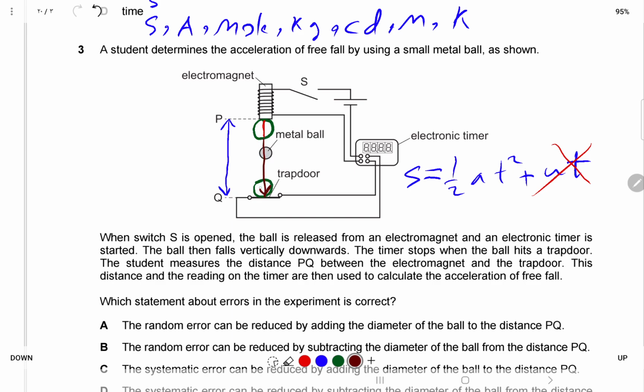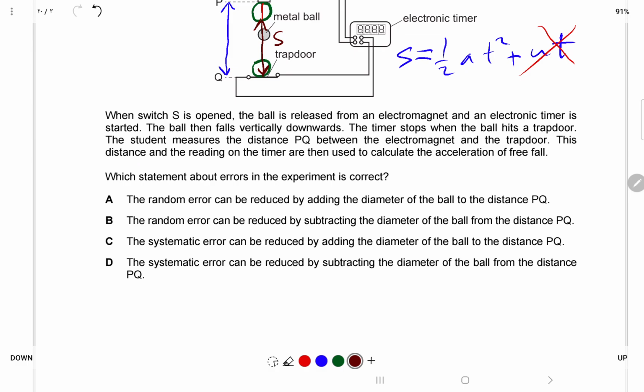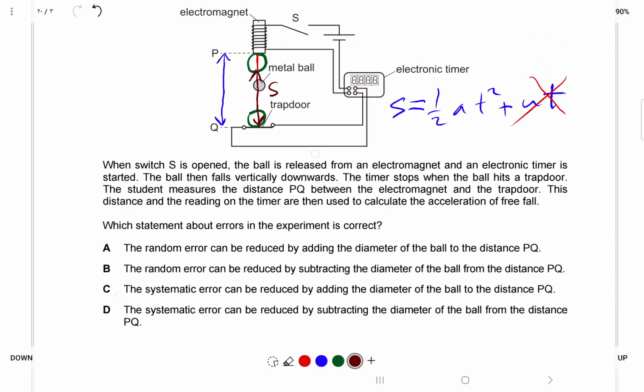That's the distance fallen by the ball. Let's label it S. This means in order to calculate S exactly, in order to measure it exactly, which option of these do you need? Let's check them one by one.